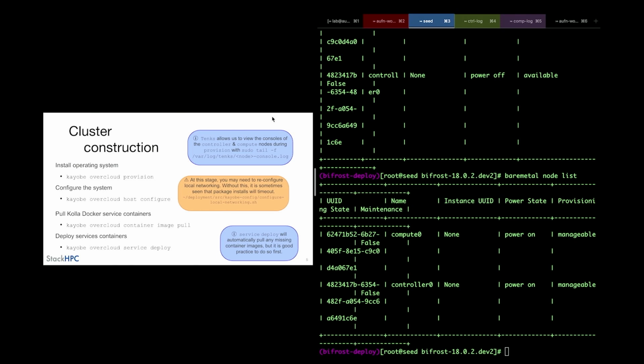We need to look at installing an operating system and then configuring it so it's ready to run containers and therefore run our services. Then we can get the containers on there and running, and they should all be ready to communicate with each other because all that would have been pre-configured with the host configure. So first thing, let's start installing our operating system on there.